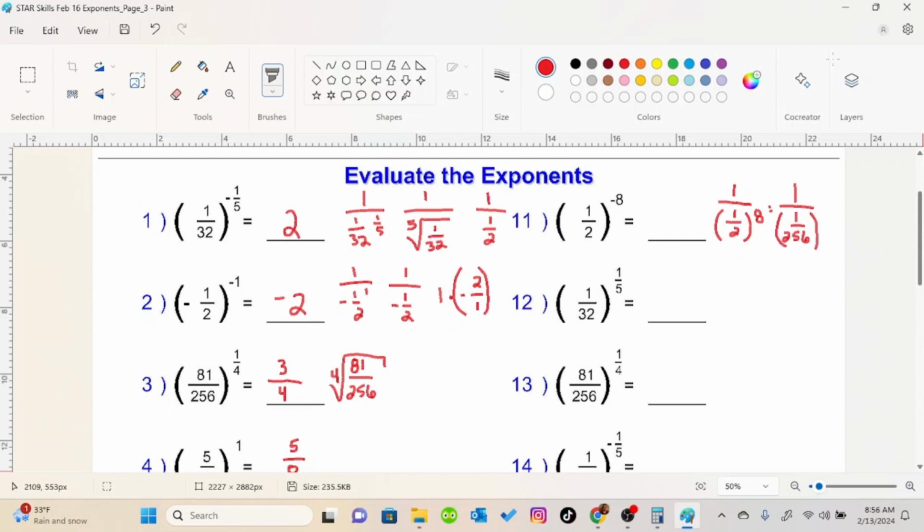Dividing by a fraction is the same as multiplying by the inverse. The inverse of 1 over 256 is 256. 256 times 1 gives us an answer of 256.